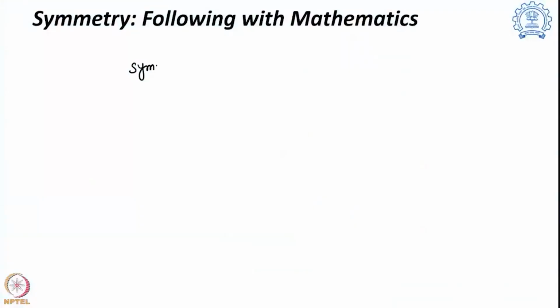Now we are going to take a little bit of a mathematical route to understand symmetry in further detail. We have already defined symmetry from a literary perspective in the earlier segment. Today we are going to learn what symmetry is from a mathematical perspective. So, let us begin.